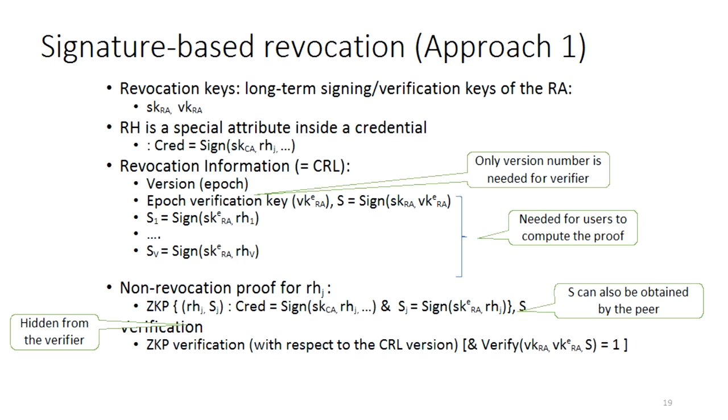So basically, the corresponding signature is only needed by the user to verify. The peer only stores the public key of the revocation authority, and the non-revocation verification is just verifying this zero knowledge proof.